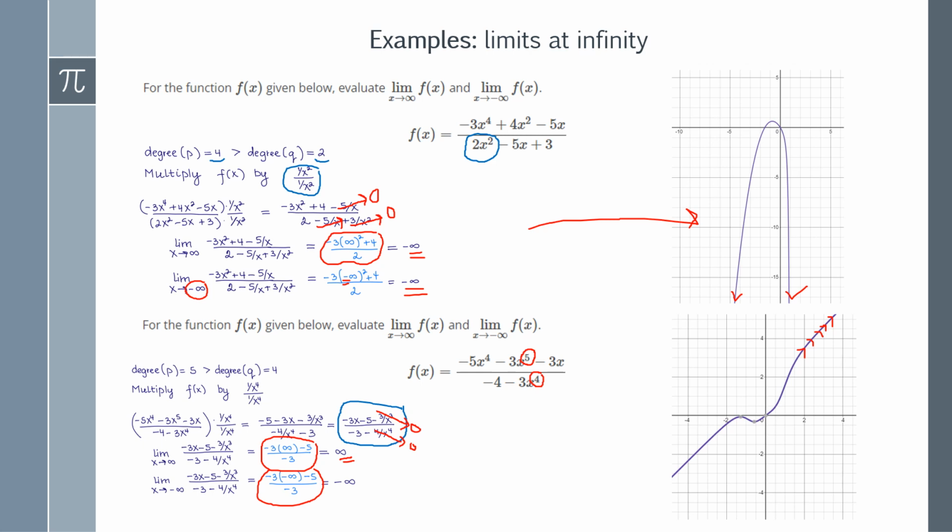So we still have a large positive number in the numerator. And then if we divide it by negative 3, we're going to get negative infinity. Okay, so that's where negative infinity comes in. And that, of course, is represented by this branch right here, goes down to the left. So our algebraic solution matches our graphical solution.